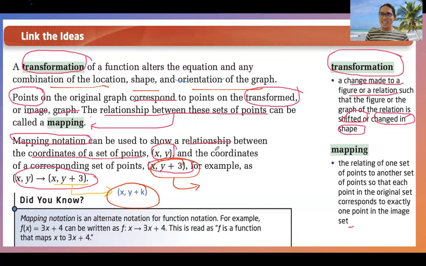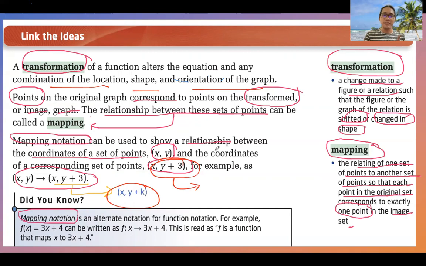That is the essence of transformation. It's moving, it's shifting. Mapping is the relating of one set of points to another set of points, so that each point in the original set corresponds to exactly one point in the image set.